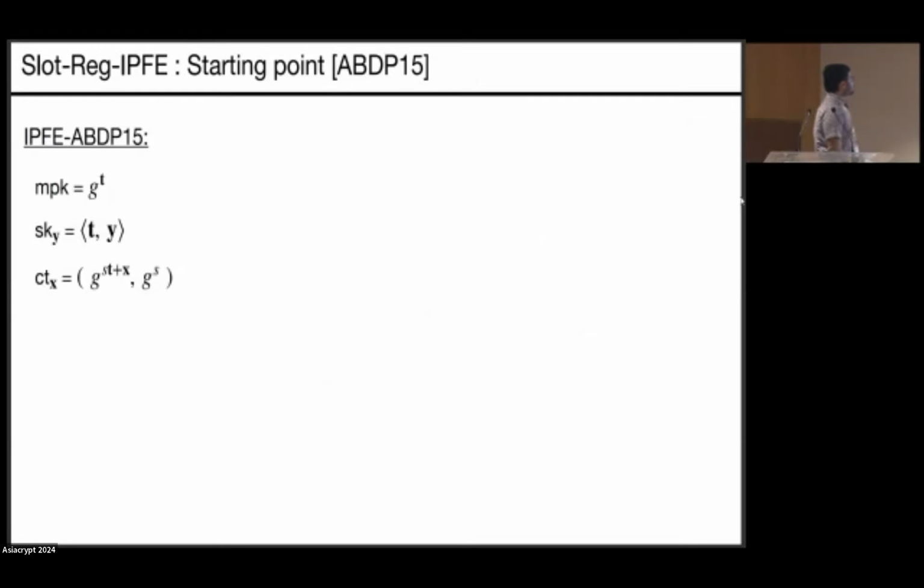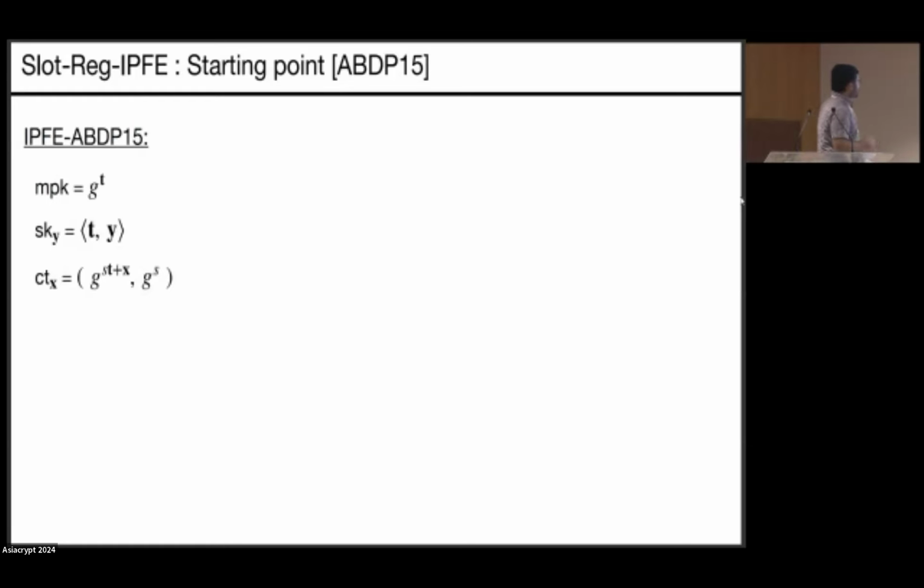Now, to construct registered FE for IPFE, we start with a simple IPFE construction of ABDP15. Here the master public key is g to the power t, where t is a uniformly random vector, and t is also the master secret of the system.